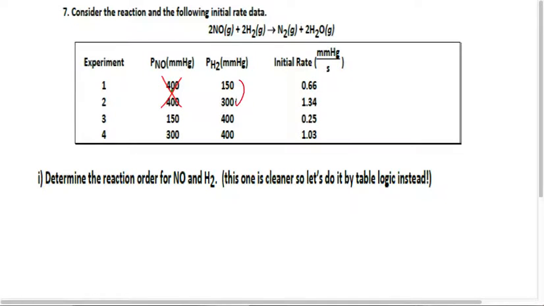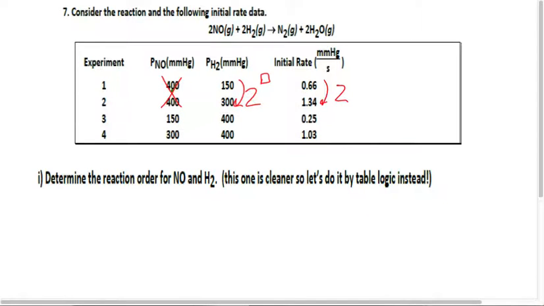As I go from here to here, what power do I raise it to to get this change in rate? So let's look at what the change was. What happened from 150 to 300? That is doubled. What happened from 0.66 to 1.34? Doubled. Are y'all okay? That's doubled.